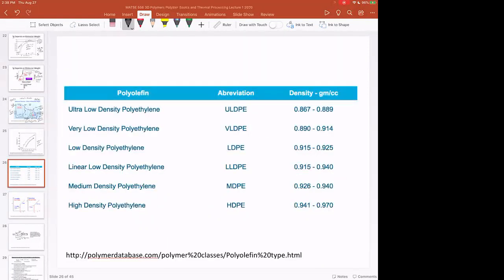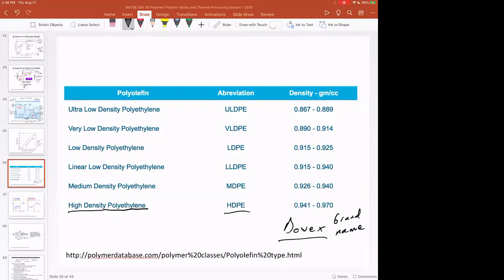Now, this slide is really important because this is one of the things that is going to confuse you as you start to read papers. So you're going to see terms like HDPE, or you're going to see terms like high density polyethylene, or you might see a brand name, something like Dowex, even though Dowex is not polyethylene, but you'll see a brand name.